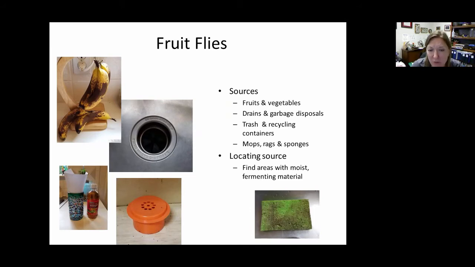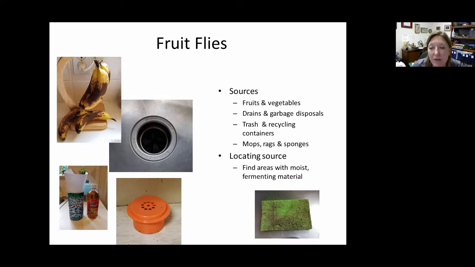If your garbage disposal is not grinding things up properly and rinsing them all down into the drain, or if you throw that random lemon slice down there because you think it makes it smell better, when you grind it up, it may not grind that whole thing down. So you can get fruit flies going in and out of the drain to access things like that. Again, trash and recycling containers like we talked about with the forward flies.